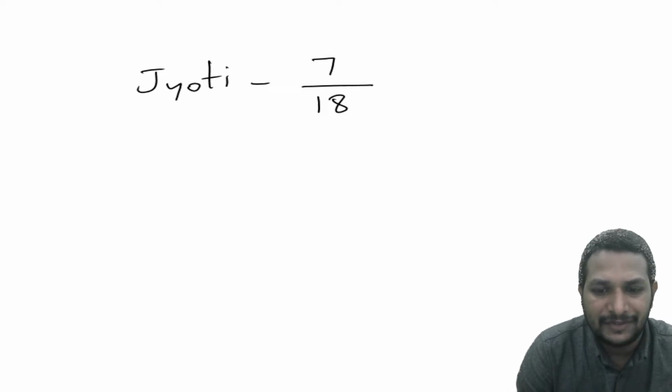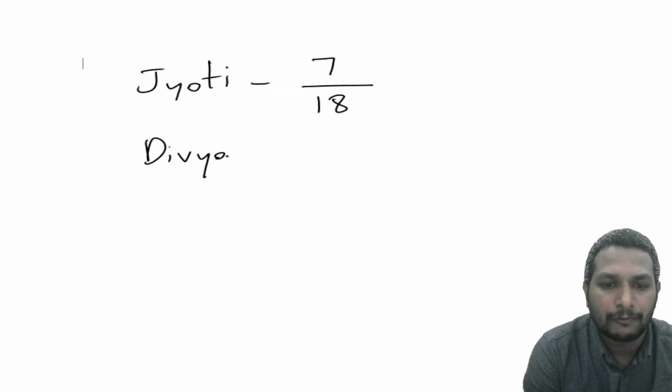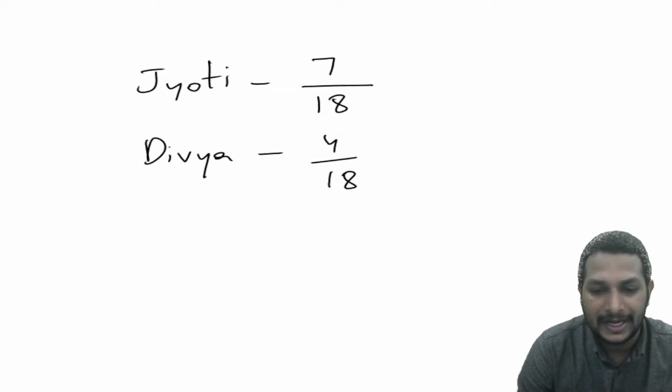Coming to Divya, Divya had 8 out of 18. They're asking what fraction of the watermelon is left over.